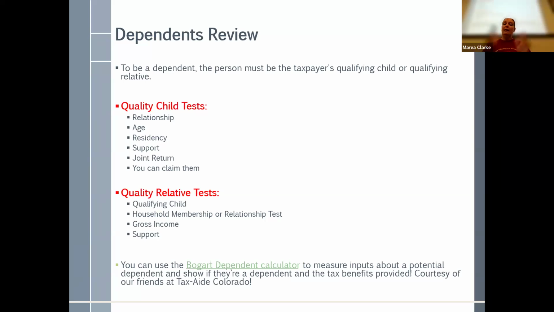Qualifying relatives can't be a qualifying child, and they've got to meet the household membership or relationship test, income test, and support test. There is also a super cool dependent calculator that can measure some inputs to help see if they are a dependent or not. TaxAid Colorado puts this tool out. So it is a good resource if you ever have a question when you're with the client. This is the place that we can help point them to figure that out as well.